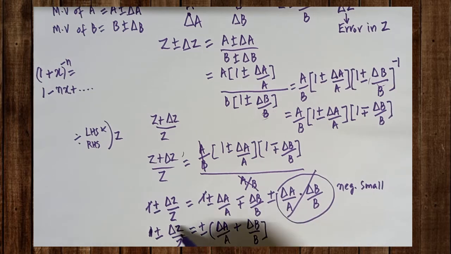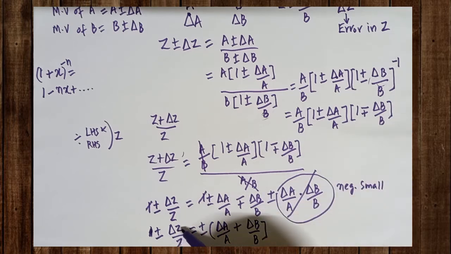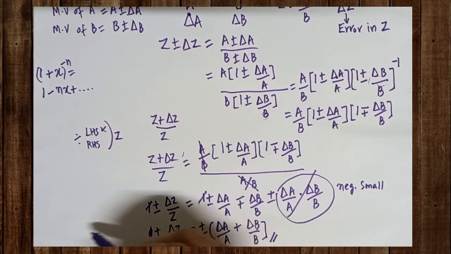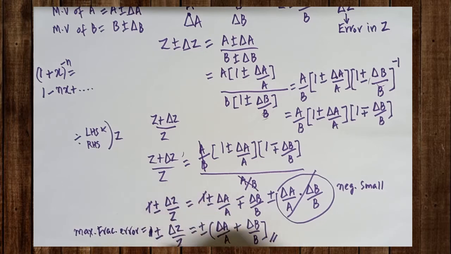Are you clear? This is called the maximum fractional error. What is this factor called? Maximum fractional error. So our aim is to get exactly the maximum fractional error. Here what is del Z? As I have told earlier, del Z is nothing but the error found in Z. So by using this expression, the maximum fractional error found in Z can be calculated.